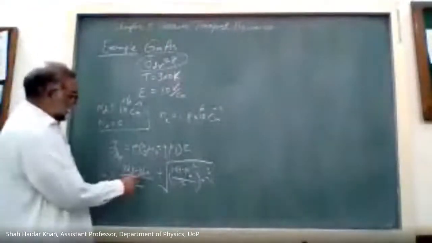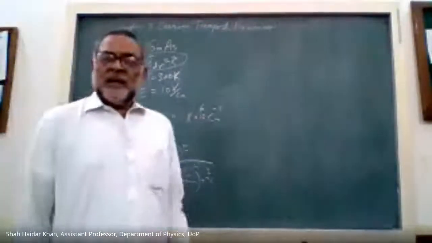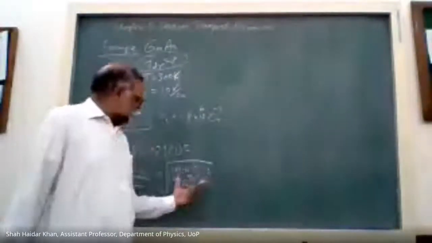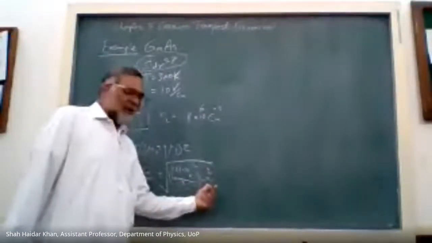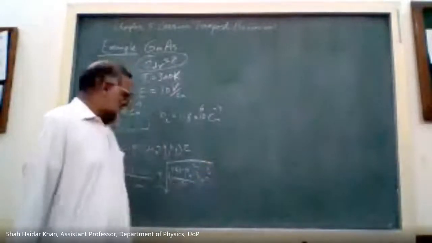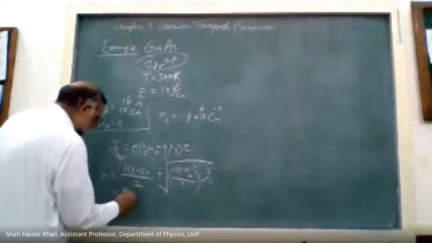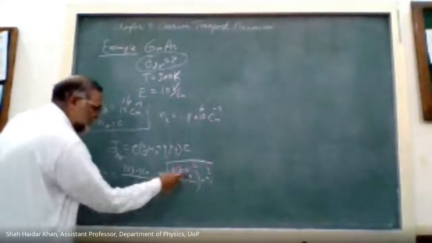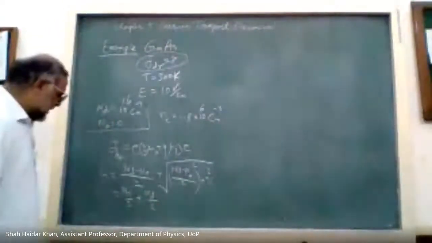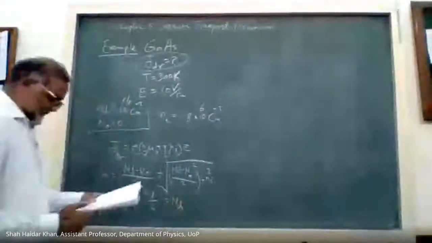Now we said that Na is 0, so we can remove Na. Also, this Ni square is very, very small as compared with this, so that will also go, that will be 0. This will go out of the equation. Right? So what we get will be Nd divided by 2 plus Nd divided by 2, which is equal to Nd.